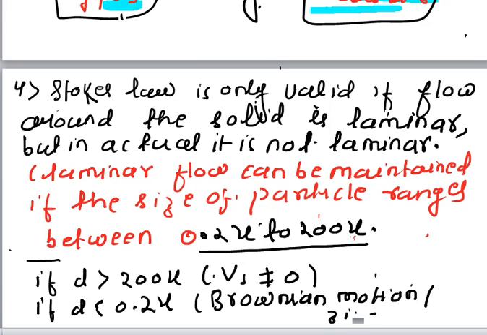For such particles following Brownian motion, there are other methods for particle size classification, for very fine soils.